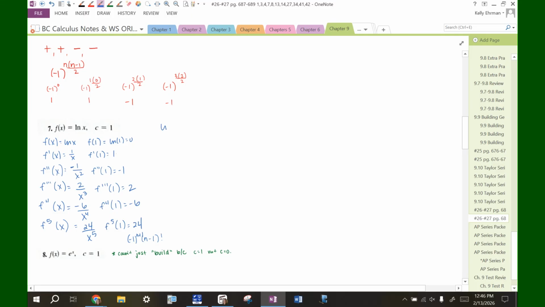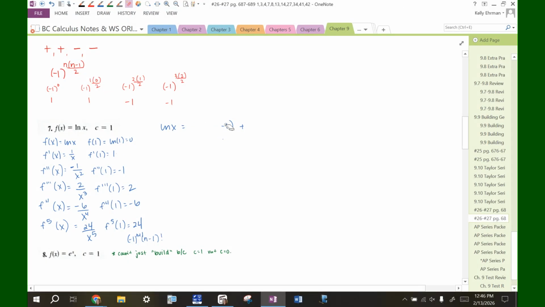All right, so ln x is going to be 1 minus 1 times x minus 1 over 1 factorial, if you want to throw that in there, plus, oh no, wait, let's see.